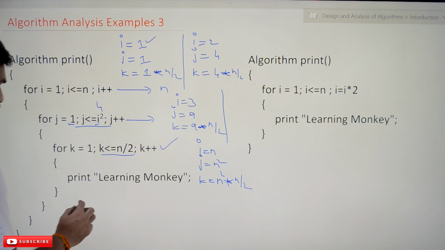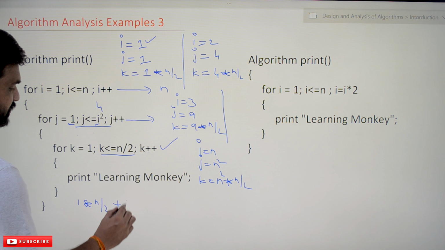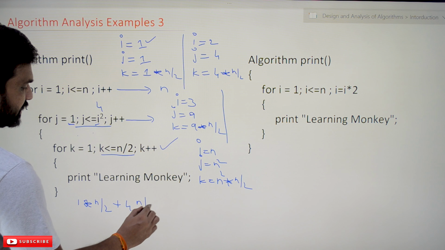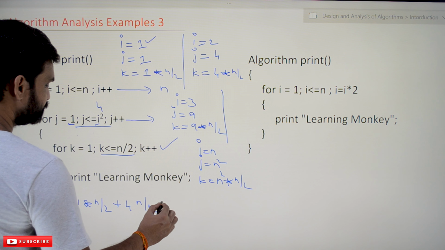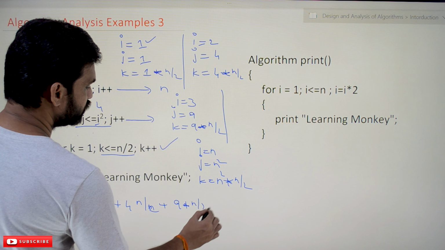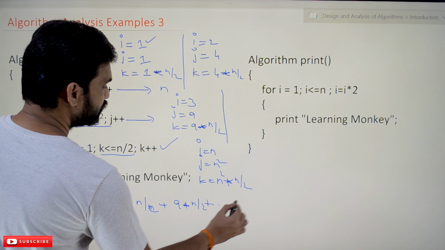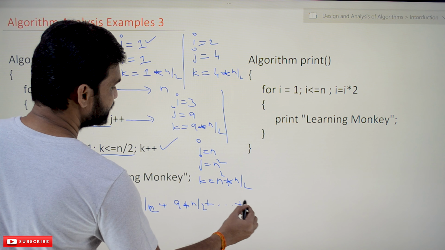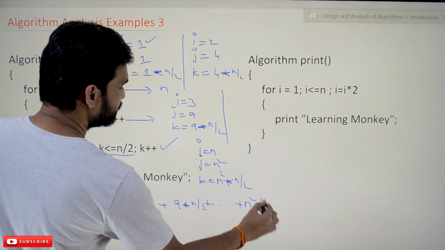So how to do that? Add all those things. It is 1 into n by 2 plus 4 into n by 2 plus 9 into n by 2, and so on, plus n square into n by 2.